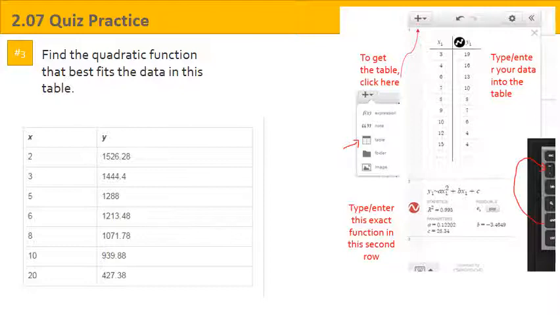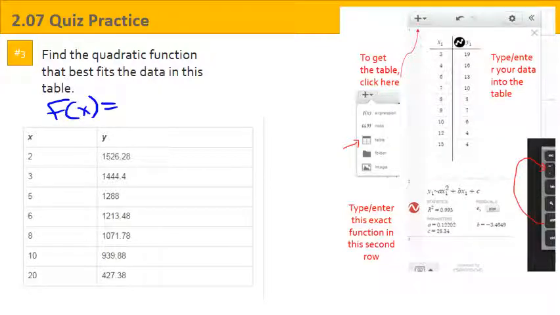So your quadratic function is going to be f of x equals, now your a was 1.22 x squared plus, actually that's a minus, let me just start that over.